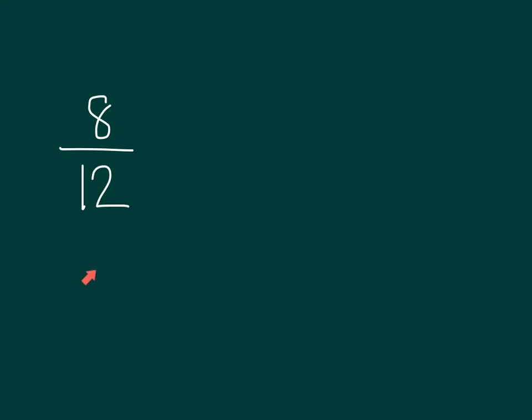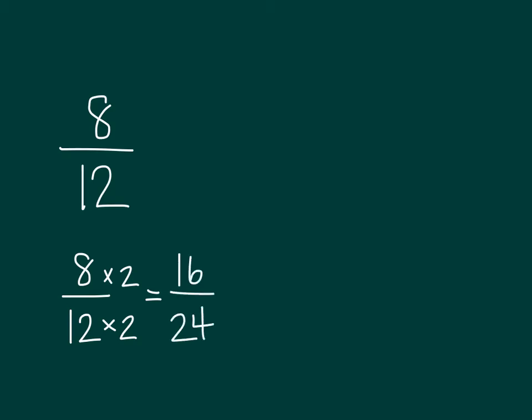If we're choosing to multiply by any given number, let's say we could multiply both the top, the numerator, and the denominator by 2 and get an equivalent fraction of 16/24. That is definitely not a simpler fraction, but it is an equivalent fraction. It represents the same amount of pieces of a whole.